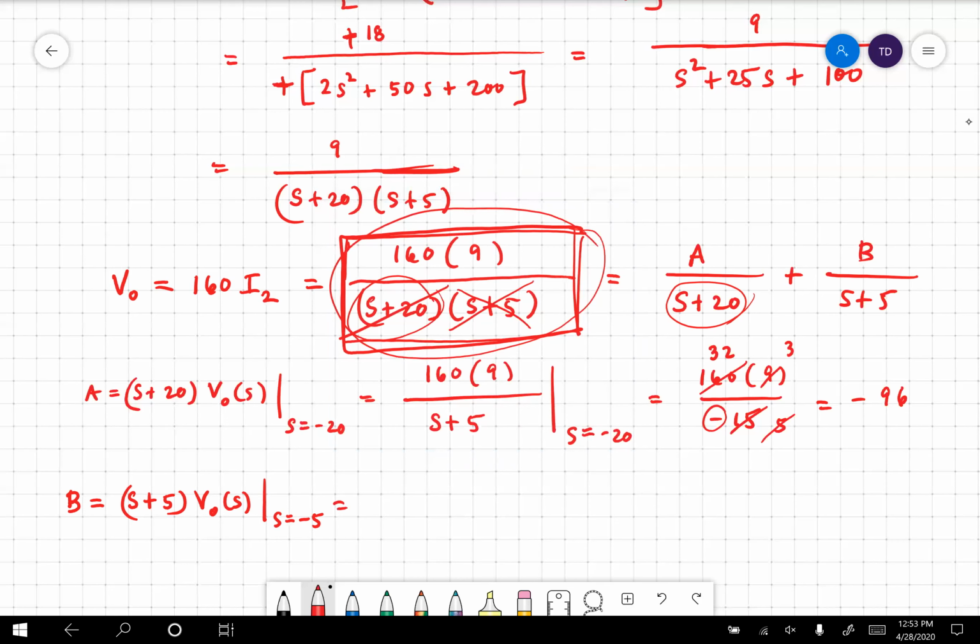So what's left? 160 times 9 divided by s plus 20, evaluated when s is equal to minus 5. This is equal to 160 times 9 divided by a positive 15 this time, which is obviously equal to a positive 96.